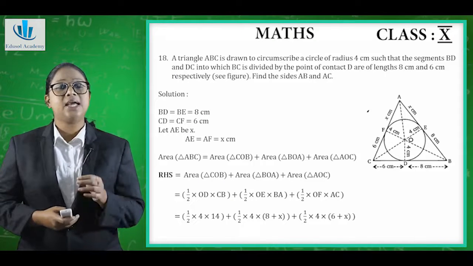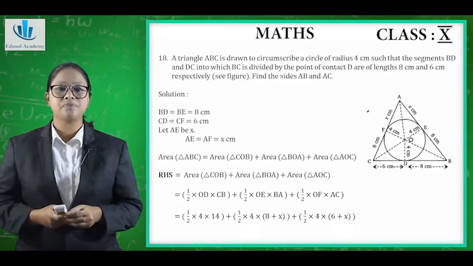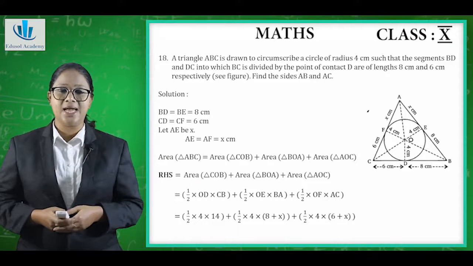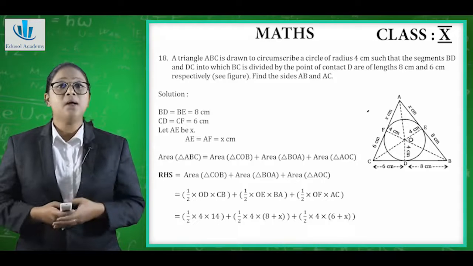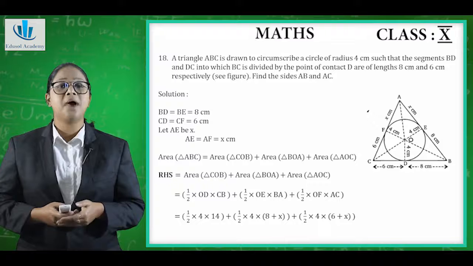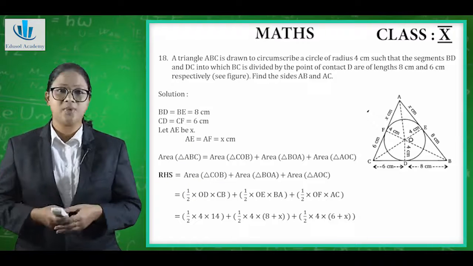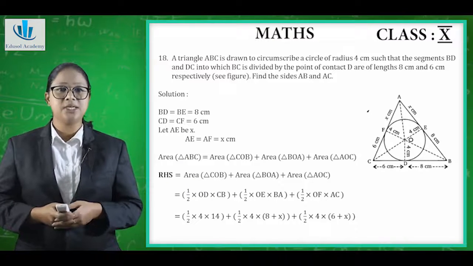Find the sides AB and AC. Now, this is a little tricky question, but it's simple once we get the idea. So, we will write all the given data. BD is equal to BE is equal to 8 cm by applying theorem 2 as well. Similarly, CD is equal to CF is equal to 6 cm.